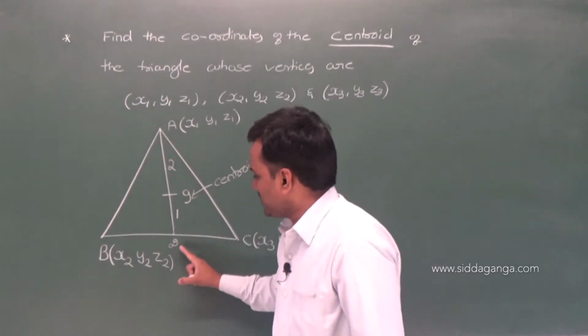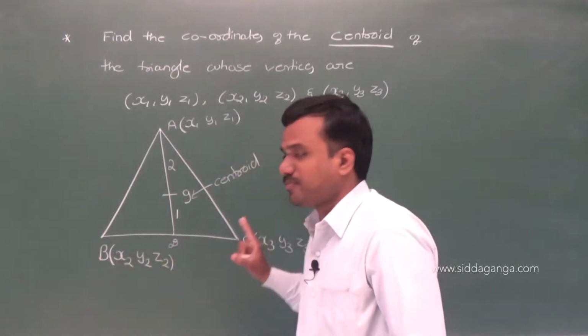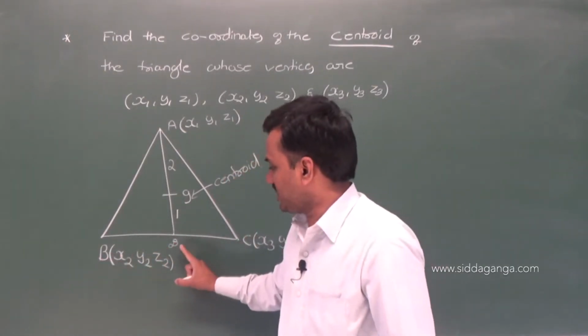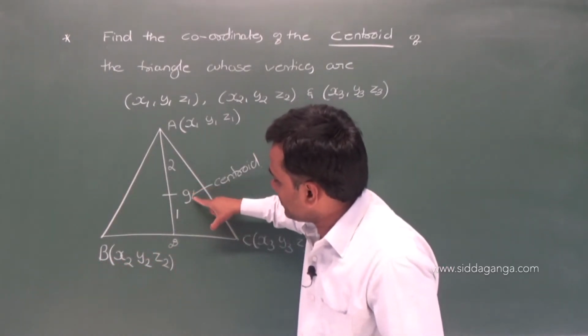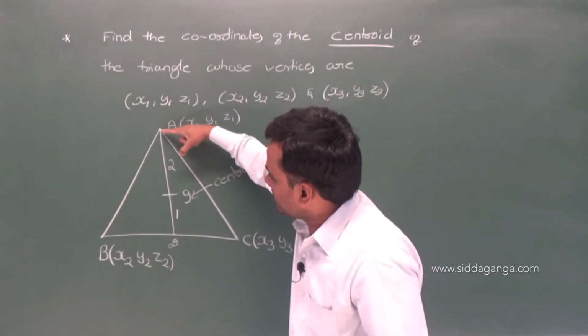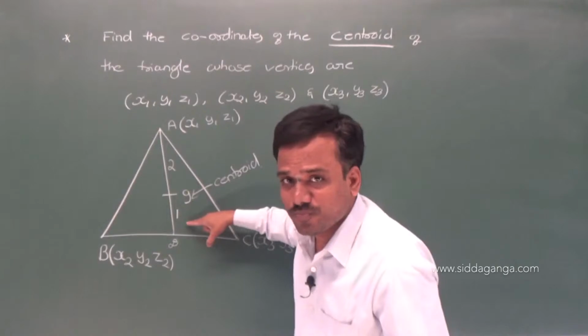So median means the point D lies exactly at the midpoint of BC. Let G be the centroid. It divides the line joining AD in the ratio 2:1.